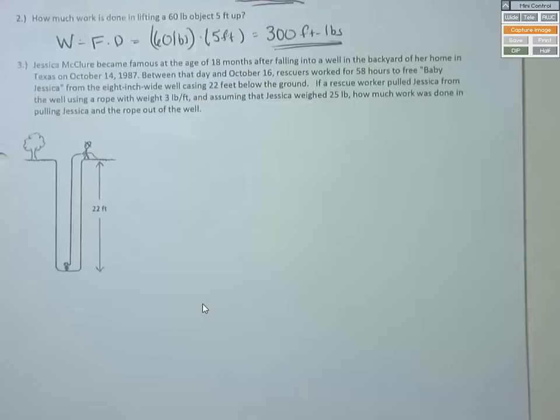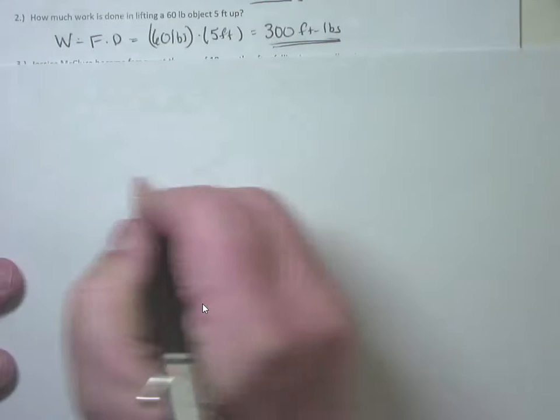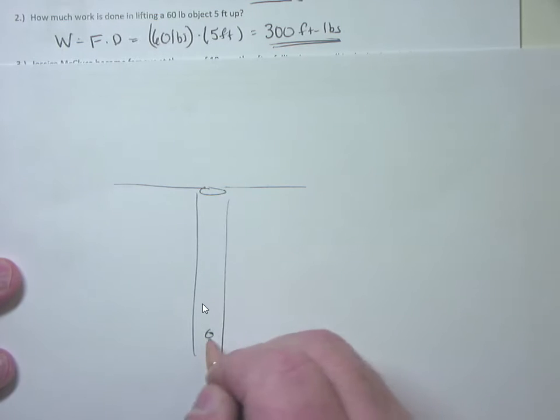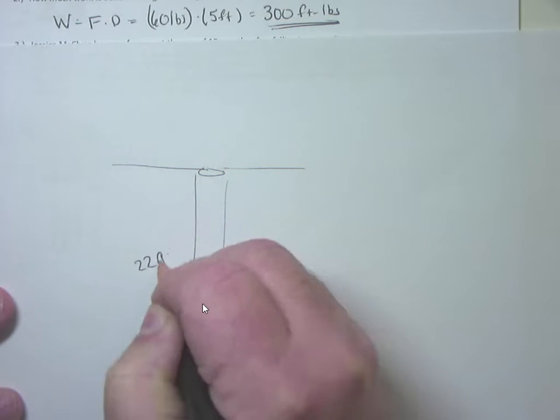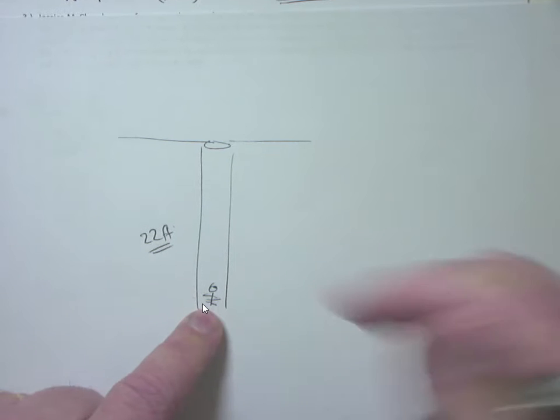Now, the reality of the famous baby Jessica problem was this. The kid was 22 feet down in the well, okay? So I want to give you a little history on exactly what they did. How do you get a baby out of a well who's stuck 22 feet down? Well, she's wedged in there with her feet, so she's not sitting at the bottom.